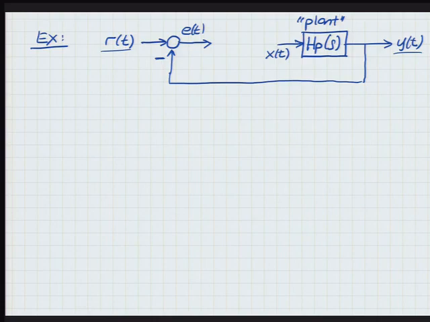So there is something that we can tweak. That could be the throttle opening in the cruise control example, right? That we can adjust. The question is, how do we adjust that? Well, how is what lies in between these two arrows. I look at the error. Looking at the error, I have to decide what to do with the throttle opening, right? So that's what we call a controller.